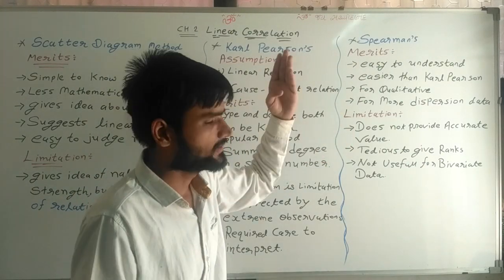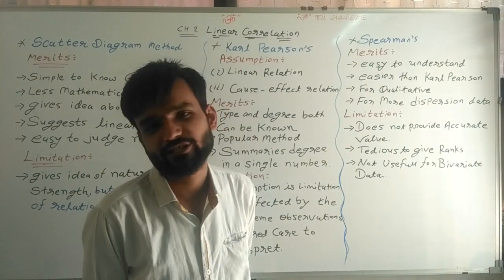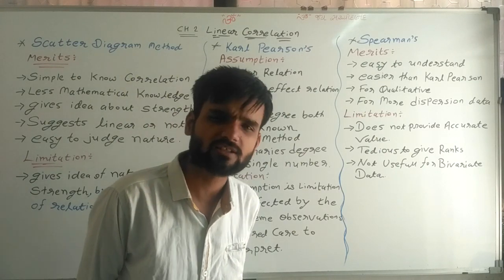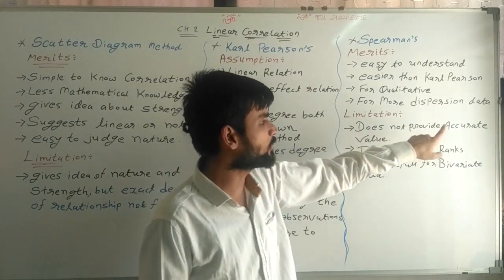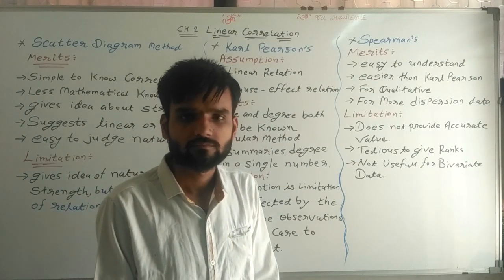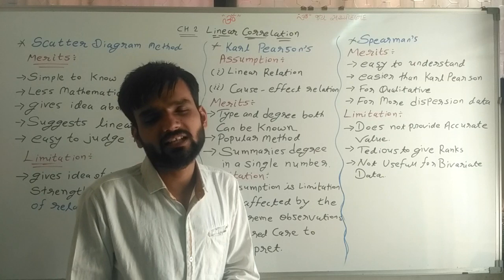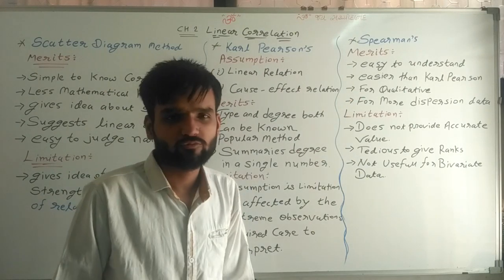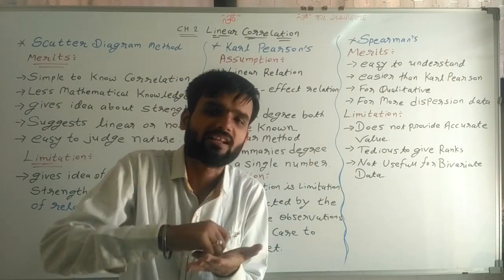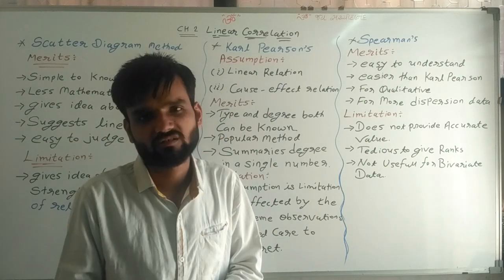And last, talking about the limitation. Which is the limitation? First limitation: it does not provide an accurate value as per Karl Pearson. It gives the value, but we are giving the ranks and then finding the correlation.